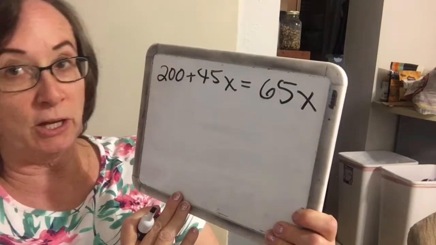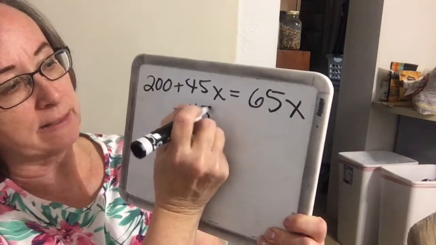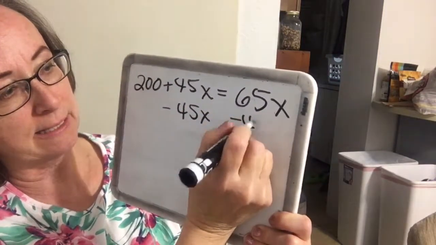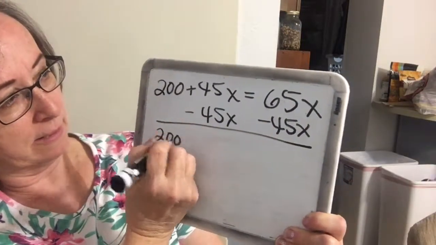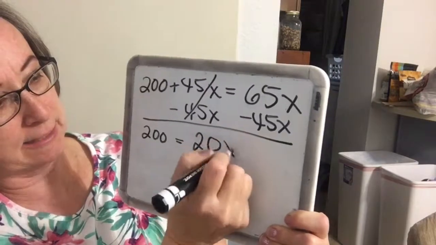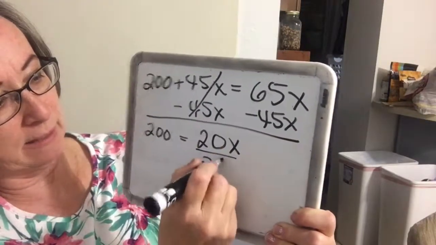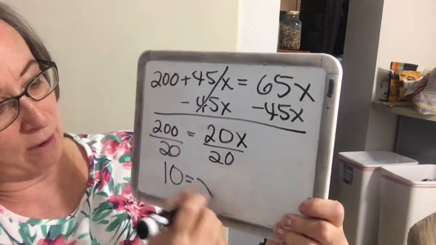And then we would solve that for where they would be equal to each other, and then we would know which way to go with which movers. So we're going to subtract the 45x from both sides and get 200 is equal to 20x, which, dividing by 20 on both sides, is 10 hours.